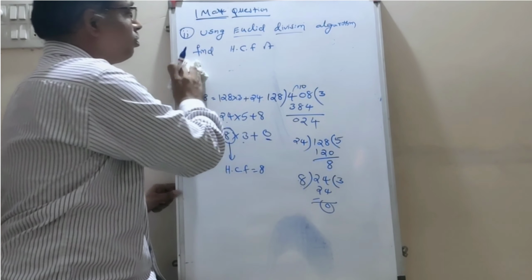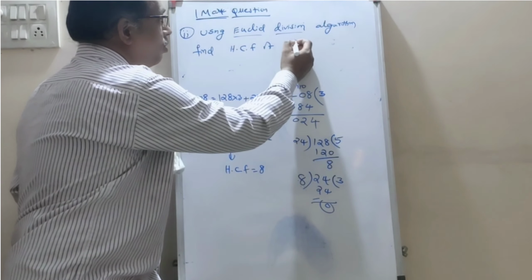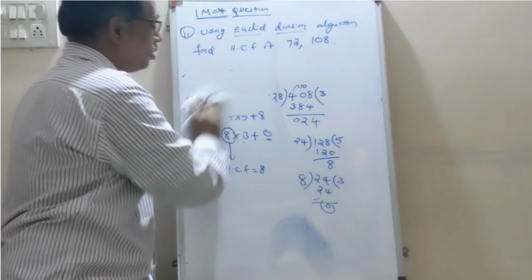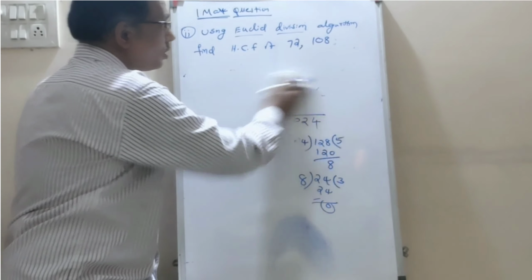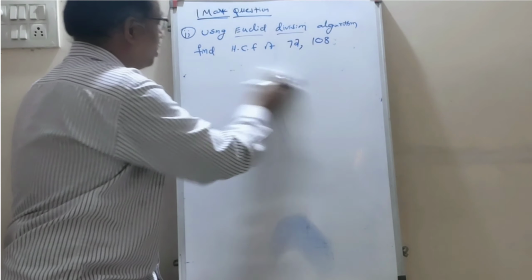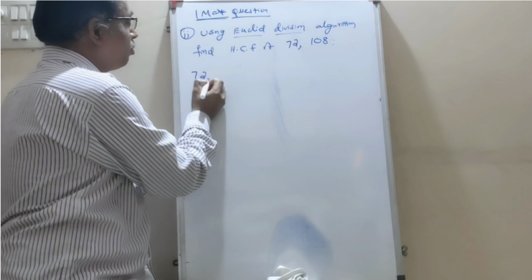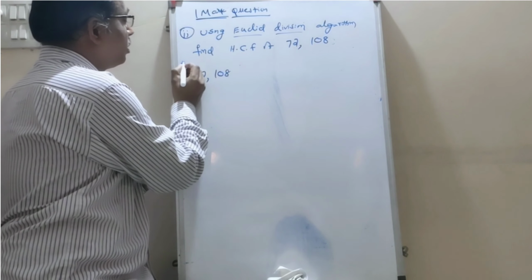Find the HCF of 72 and 108. Here also you have to do the same process. First we take 72 and 108.